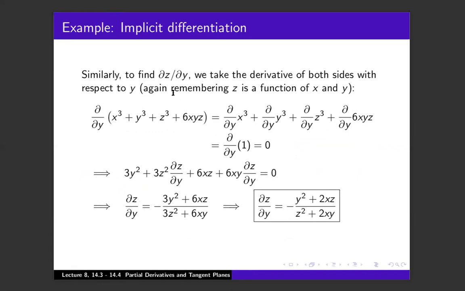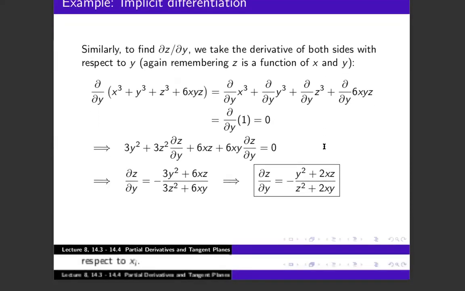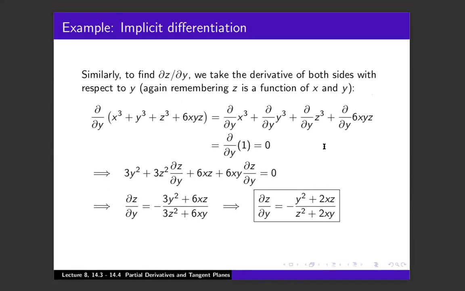That is going to be del y of x cubed plus del y of y cubed plus del y of z cubed plus del y of 6xyz. Well, derivative of x cubed with respect to y, x doesn't depend on y, x is constant, that's 0. So let me just draw this in explicitly. This term over here is 0.